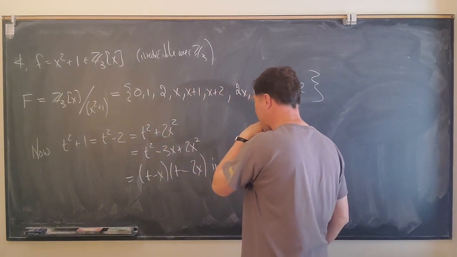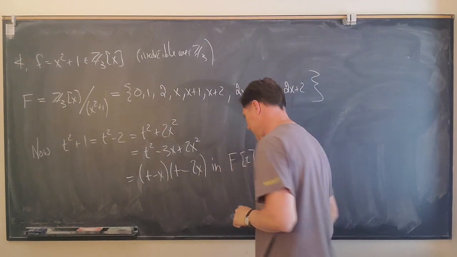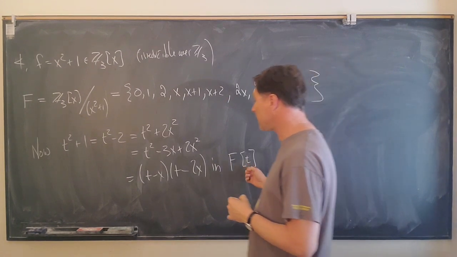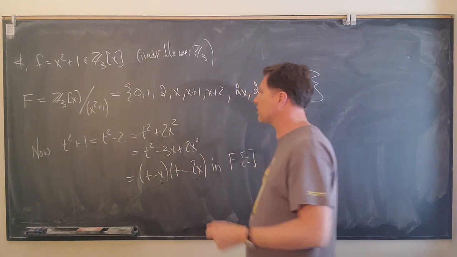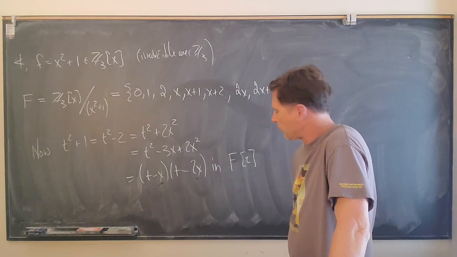So this is happening in F[t]. We're using the variable t because now we've got coefficients in our coefficient field.